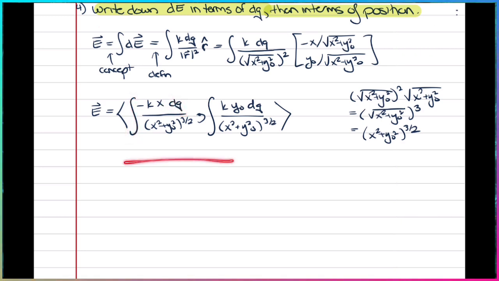So I'm looking at where all the individual charges are, and I'm adding up this entire thing for each one. But for each one, the charges are located at slightly different x values, right? So I cannot treat this as a constant. So there's a relationship between where the charge is and how much charge there is.